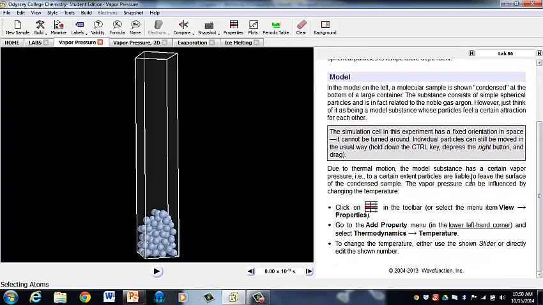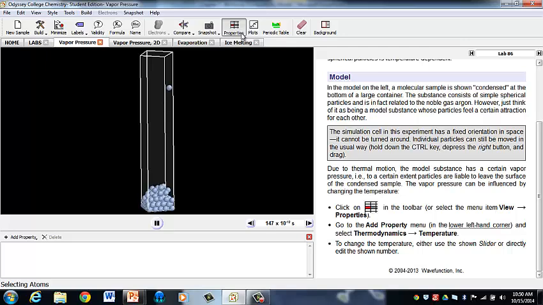All right. So here is a sample of, I believe, argon is what's in this simulation. And this is at, I want to say like negative 200 something degrees Celsius. What we're going to do is watch for a little bit, but we just saw a particle escape. Even at this really low temperature, this is way below its boiling point.